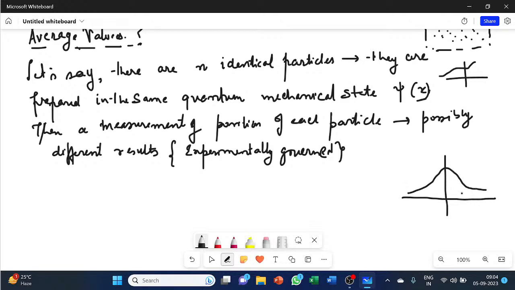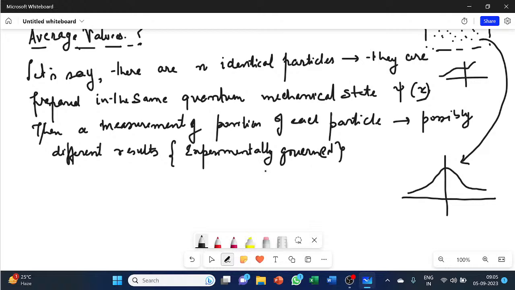So if the wave function of all these n particles is governed by this Gaussian, after measurement there would be different results. I cannot say that all of them are going to be in this region. I only know that it may result in possibly different results, and this is something experimentally governed. I cannot do anything about it.